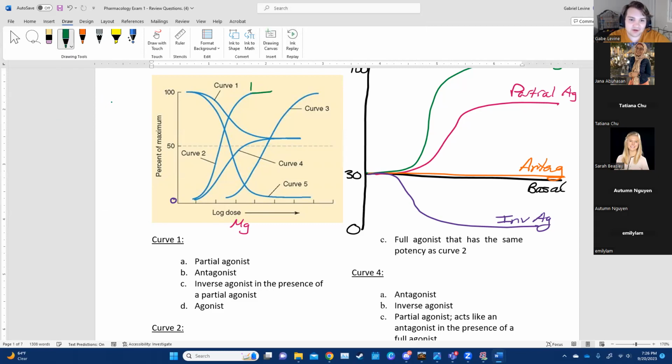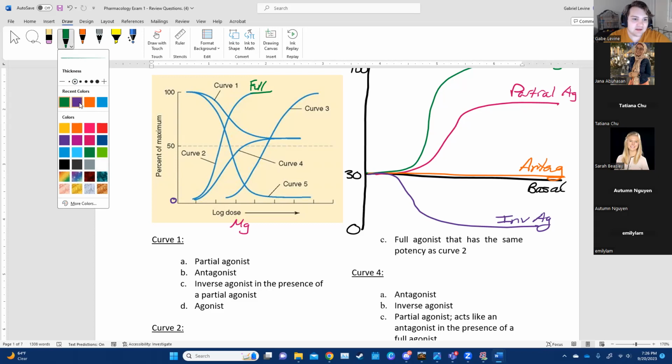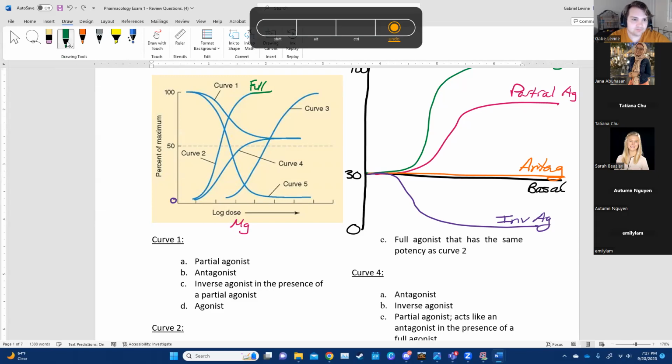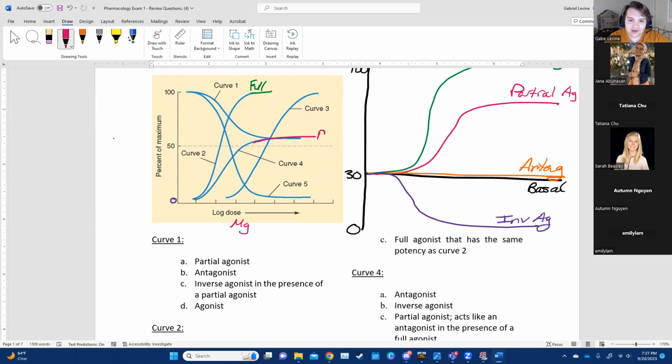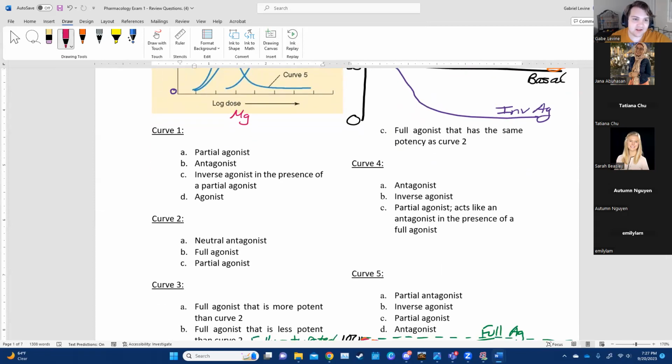This curve is responding to a full agonist, whereas if you get to this level, you are getting to the partial agonist. So a partial agonist is bringing it to this amount. So for curve 2, we can say that that kind of curve is a full agonist.